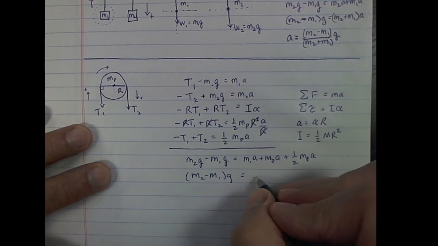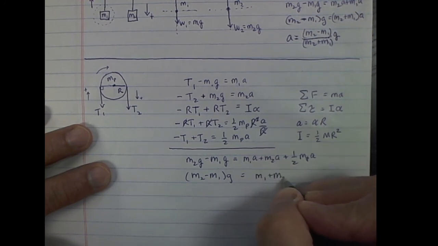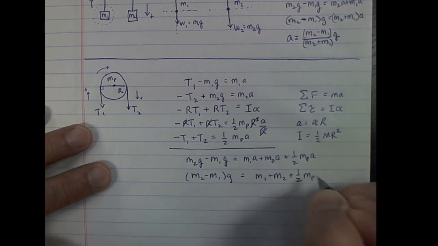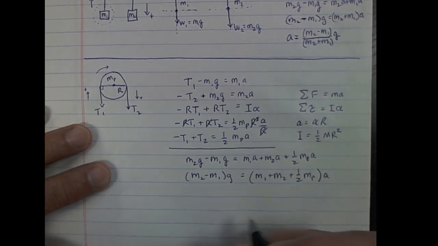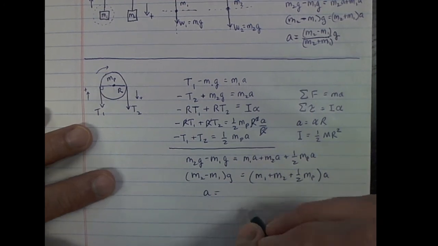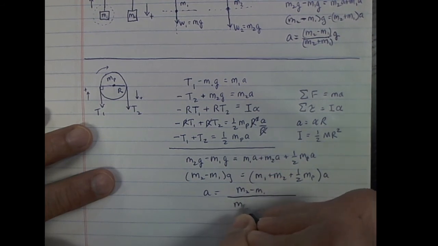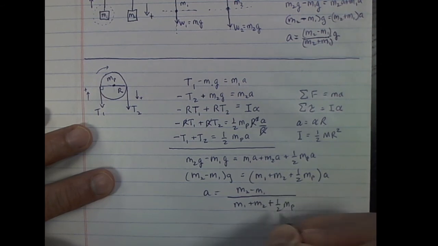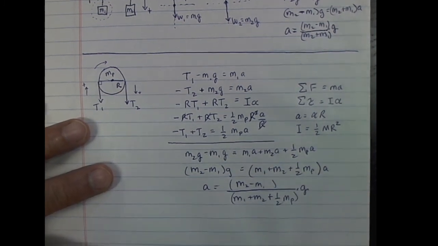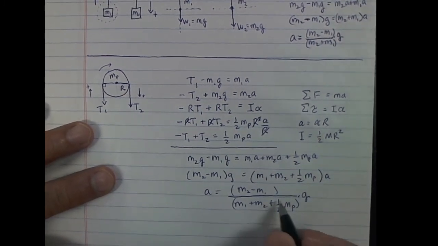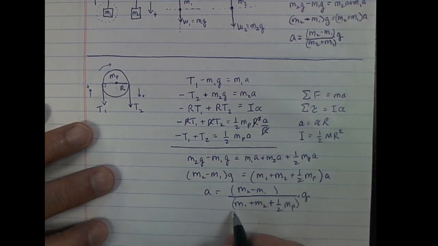On this side, let's factor out the A. We have M1 plus M2 plus 1/2 the mass of the pulley, times A. Divide by the parentheses, and we get A equals M2 minus M1 over M1 plus M2 plus 1/2 the mass of the pulley, all times G. What it did was add an inertial term that makes the acceleration less, because we've increased the denominator.